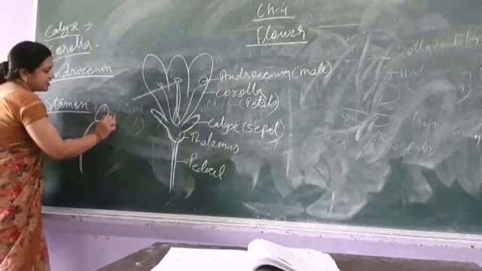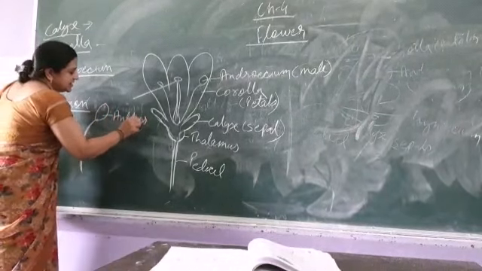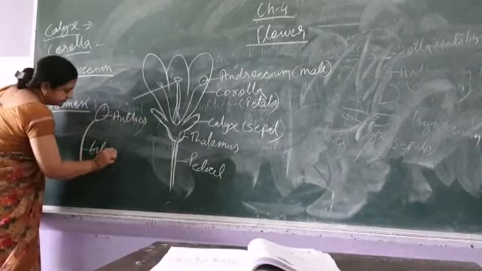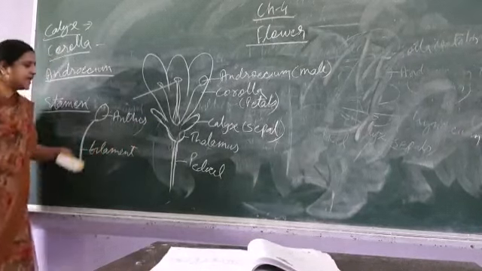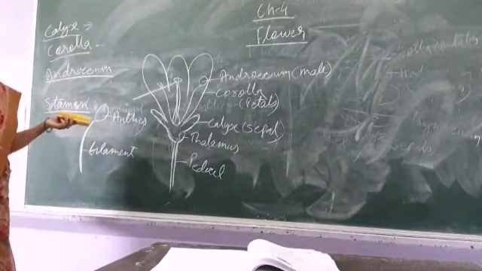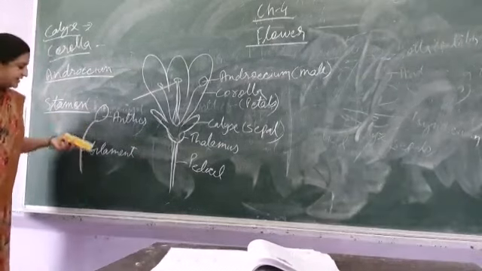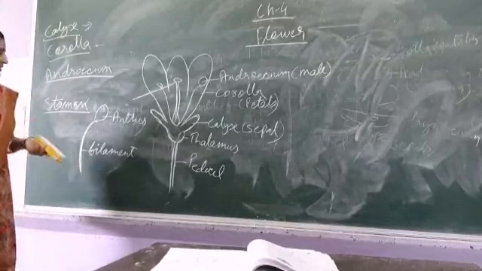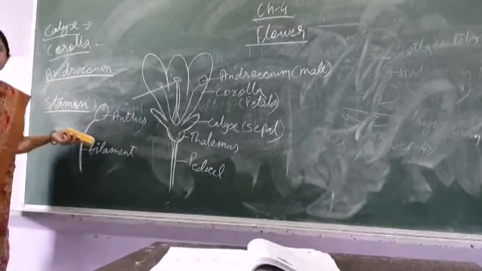This lobe part is called anther, and this stalk is called filament. In the anther, pollen grains are present. Pollen grains are the main reproductive unit of the flower, and the filament supports the male reproductive part of the flower.